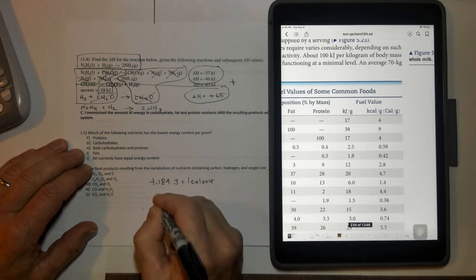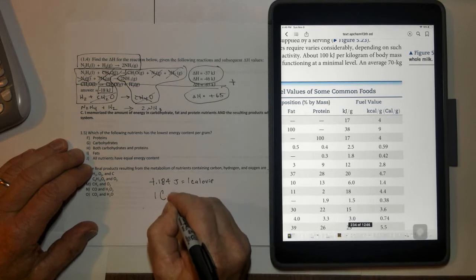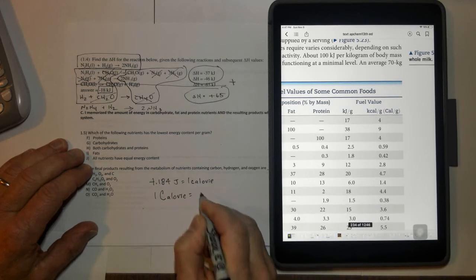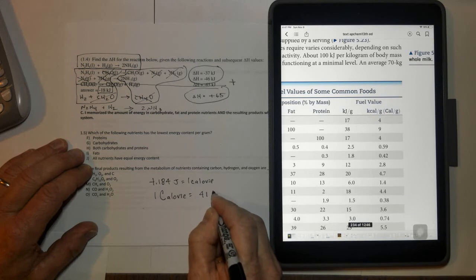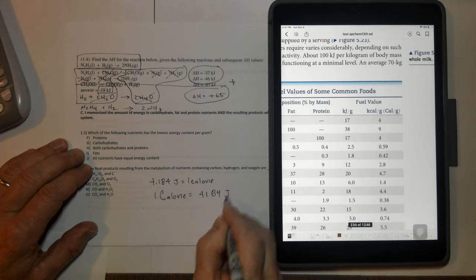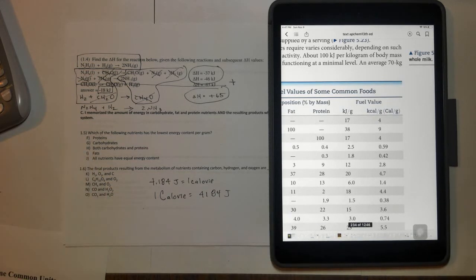Now a dietary calorie is 1 capital C calorie, and that would be equal to 1,000 times more than a calorie, and so that would be equal to 4,184 joules.